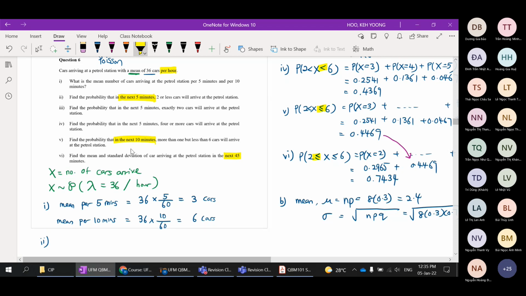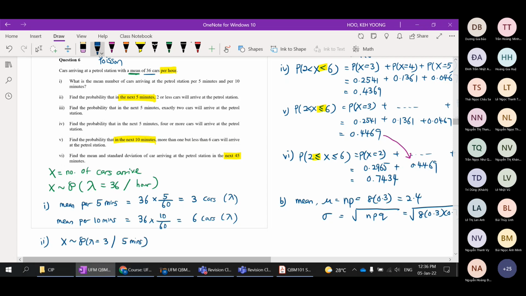So when the time period is different, you have to adjust the mean, which is the lambda. This is the lambda that you are going to use later when you find the probability. So don't straight away use 36. 36 is for 1 hour. So for question 2, for 5 minutes, you will use lambda equals 3 per 5 minutes.